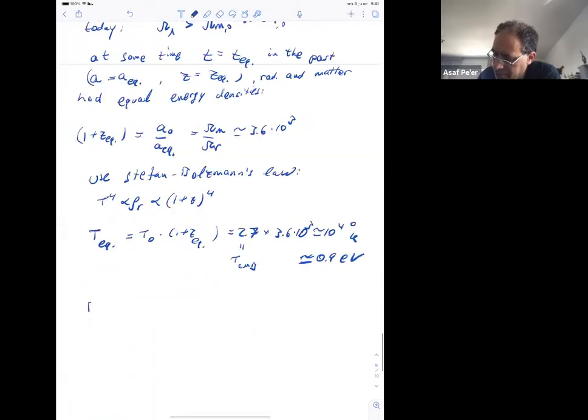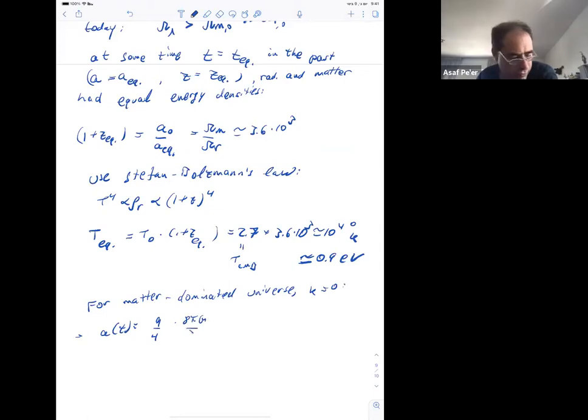So for matter-dominated universe and k equal to 0, we have a of t is equal to 9/4 of 8 pi G over 3 omega m rho critical times a0 cubed, to the power 1/3, times t to the power 2/3.